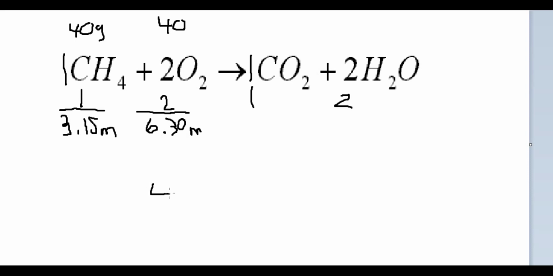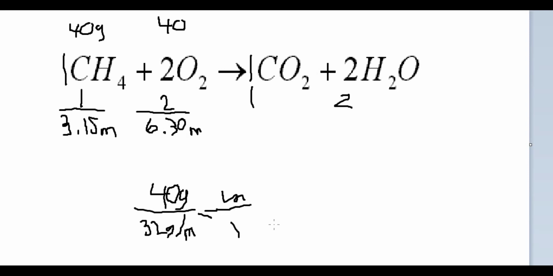So, we're going to put 40 grams over O2. That's going to be 16 plus 16 because there's 2, which comes out to 32 grams per mole, also known as the molar mass, equaling moles over 1.